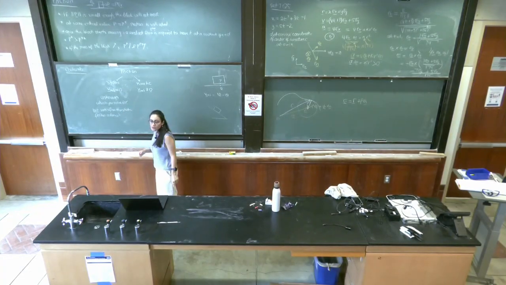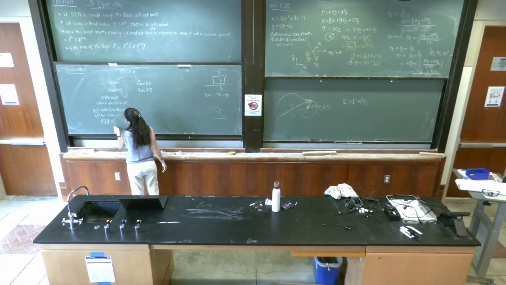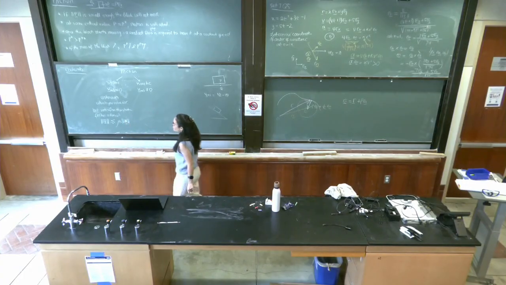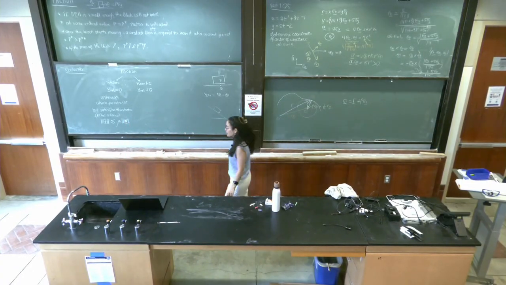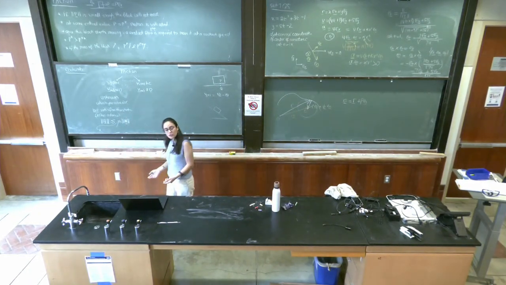The static friction criterion is that the magnitude of the static friction force needs to be less than or equal to mu_s times the magnitude of the normal force, where mu_s is some coefficient which we call the coefficient of static friction, some constant that's determined experimentally.